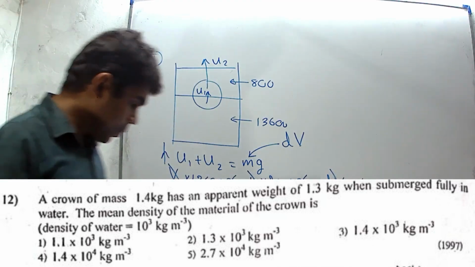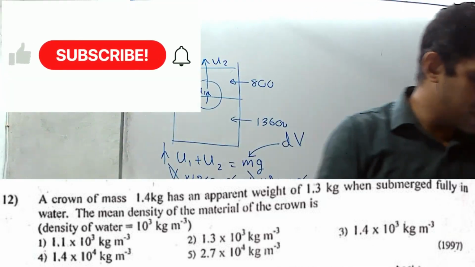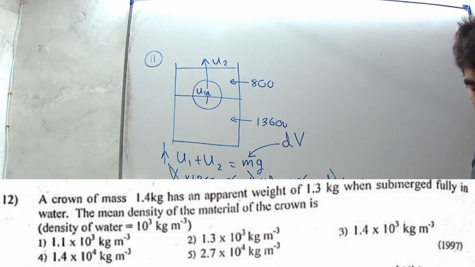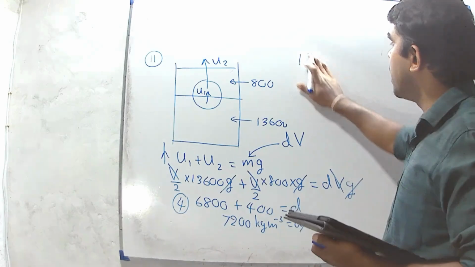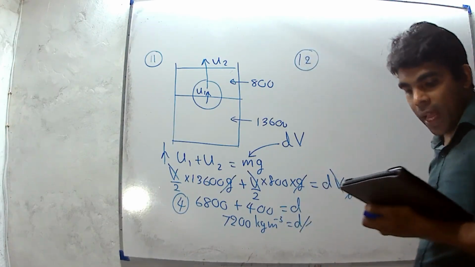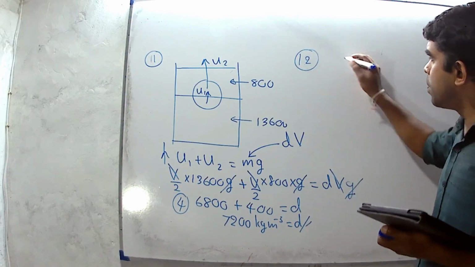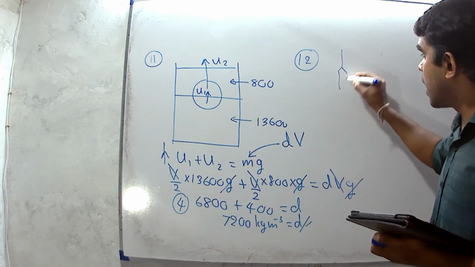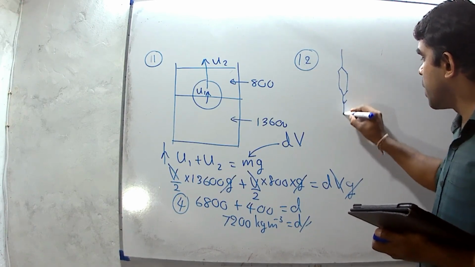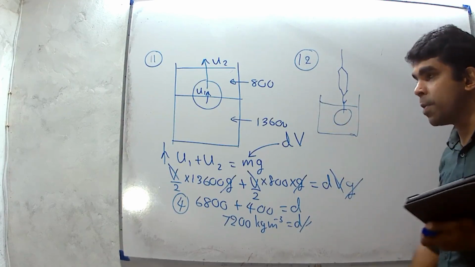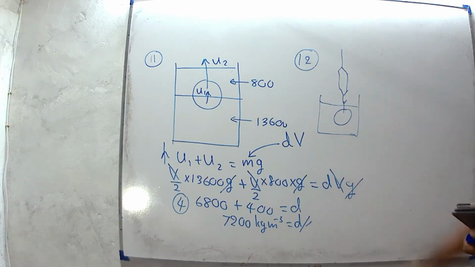Then 12. A crown of mass 1.4 kilograms has an apparent mass 1.3 when submerged fully in water. The mean density of the material of the crown is... Apparent mass means, if the crown is hung by a spring balance, the reading of the spring balance when the crown is submerged in water is the apparent mass.